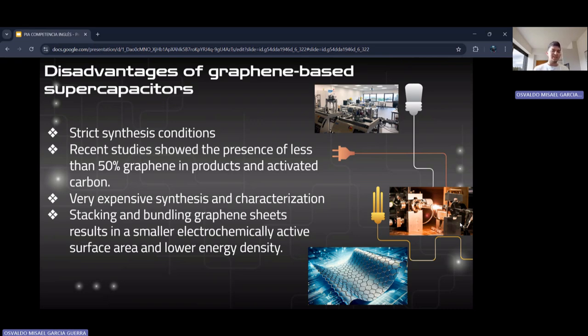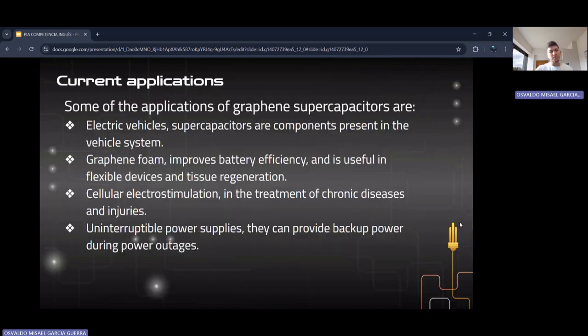Synthesis and characterization are also very expensive, which is another disadvantage for companies. And stacking and bundling graphene sheets results in a smaller electrochemically active surface area and a lower energy density. This is a specific example of what could happen. So it is clearly a disadvantage for graphene-based supercapacitors.